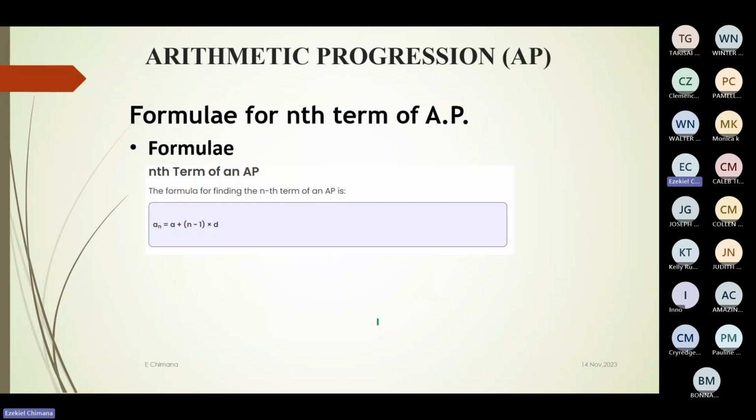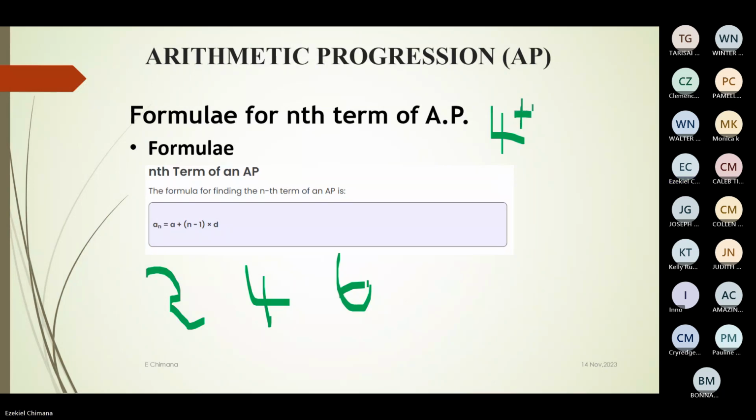Okay, also there's the formula for the nth term of an arithmetic progression. Maybe you are given 2, 4, 6, and you'll be asked to find the fourth element, or the fourth term of this AP, because this one is an AP. If I say 4 minus 2, I will get 2. And if I say 6 minus 4, I will always get 2.